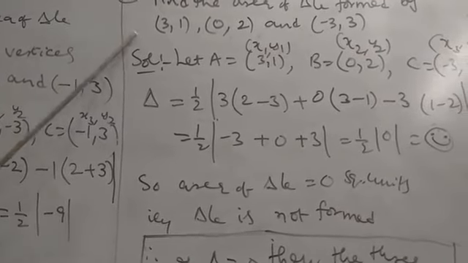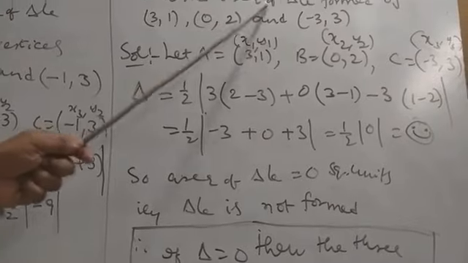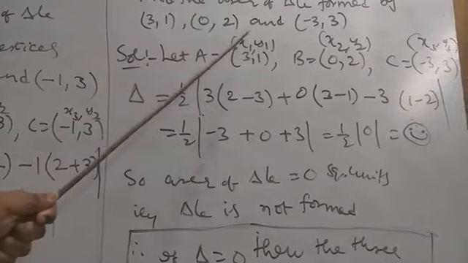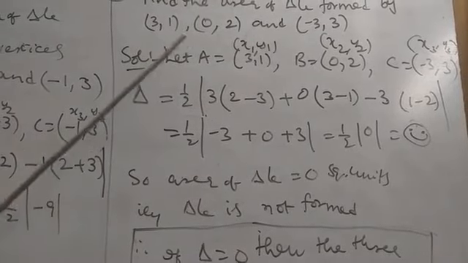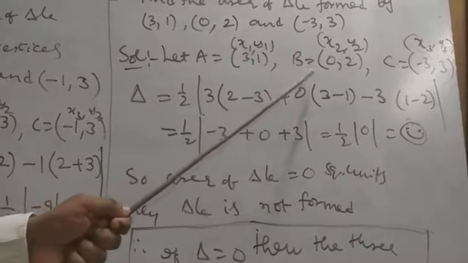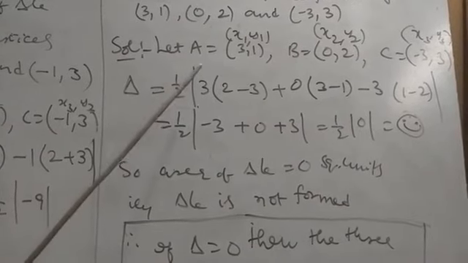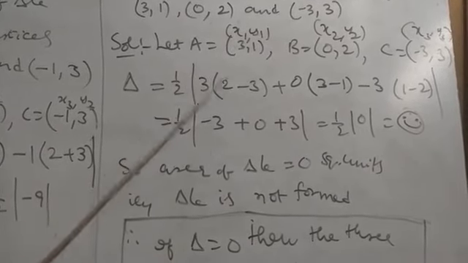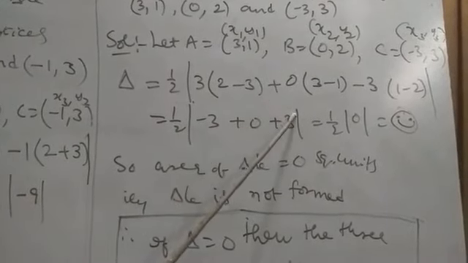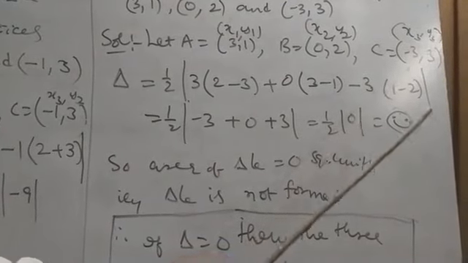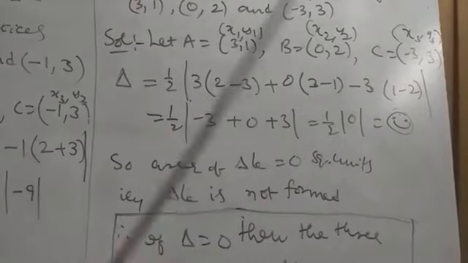Let us observe another example. Find the area of triangle formed by points 3, 1, 0, 2 and minus 3, 3. So let A equal to 3, 1, B equal to 0, 2, C equal to minus 3, 3. If you apply the above formula, half of modulus of 3 of 2 minus 3 plus 0 of 3 minus 1 minus 3 of 1 minus 2.